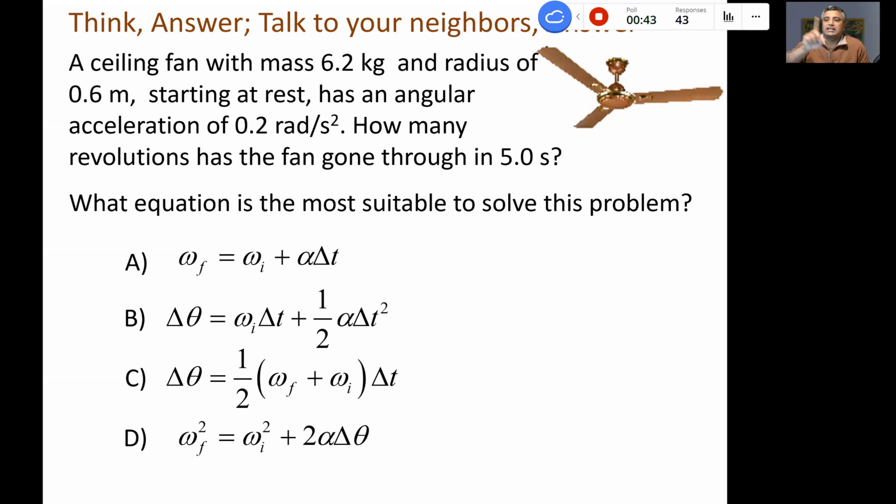So remember, one revolution is 360 degrees. This equation may not give exactly the number of revolutions, but if you can find the angle, then you can find the number of revolutions.